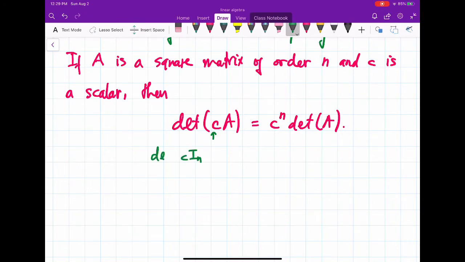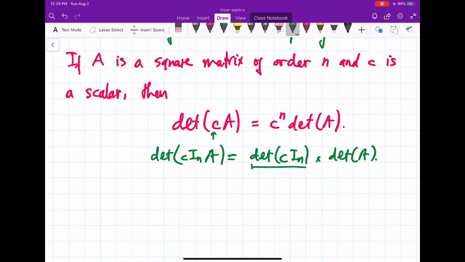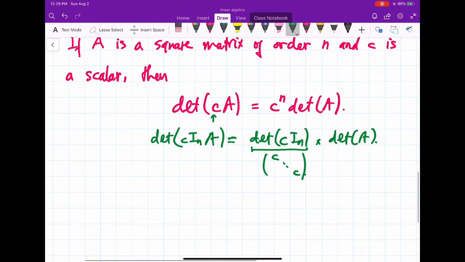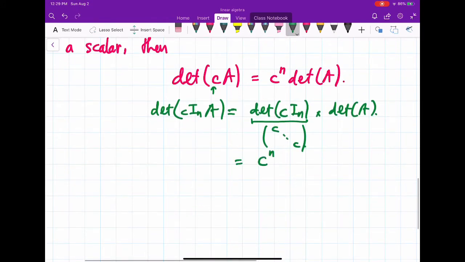So I have the determinant of C I_n A equal to the determinant of C I_n times the determinant of A. But for C I_n, you have C on all entries of the main diagonal, so this determinant is nothing but C to the n.